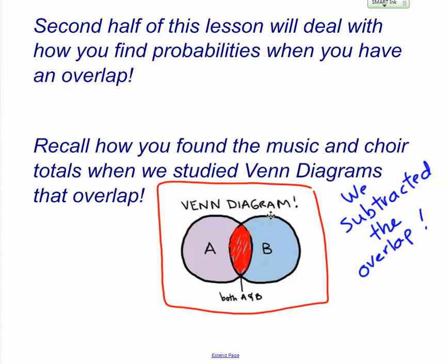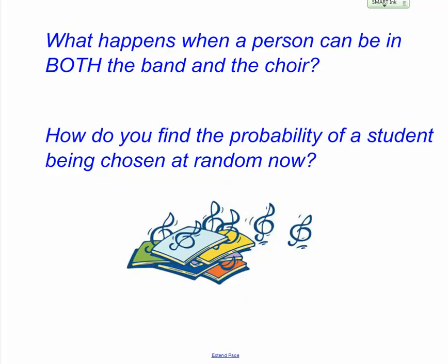And I want you to think back when we studied Venn diagrams and we had this overlap. To find the number of people in event A that were not in the overlap, we had to subtract the overlap from A. And we had to subtract the overlap from B to get what was outside of the overlap. Well, finding the probabilities is very similar. So I said, what happens when a person can be in both band and choir? How do you find the probability of a student being chosen at random now?